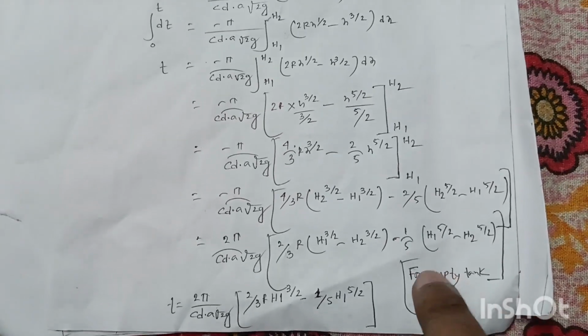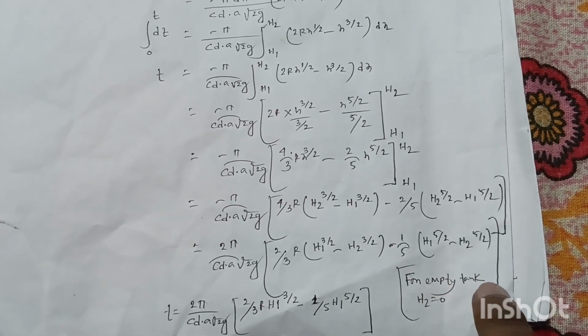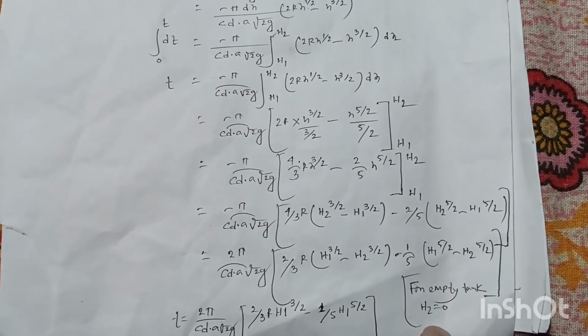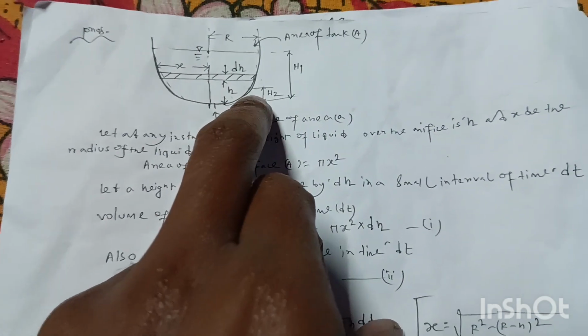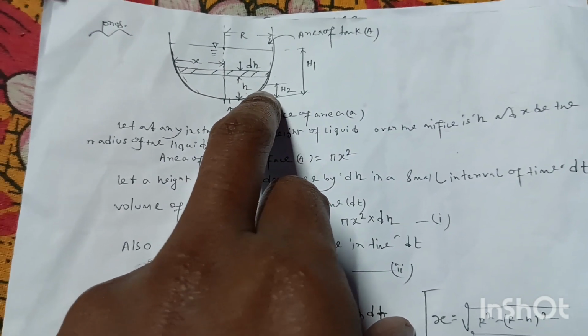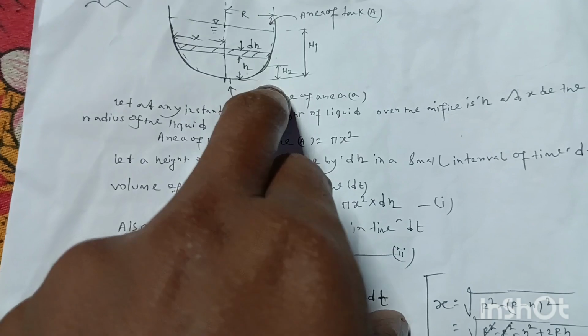And for an empty tank h2 will be 0, because in this tank this level is h2, and if the tank is empty, the h2 value will be 0.